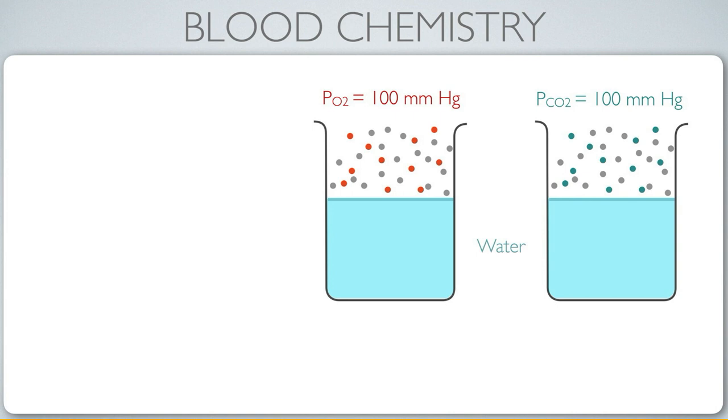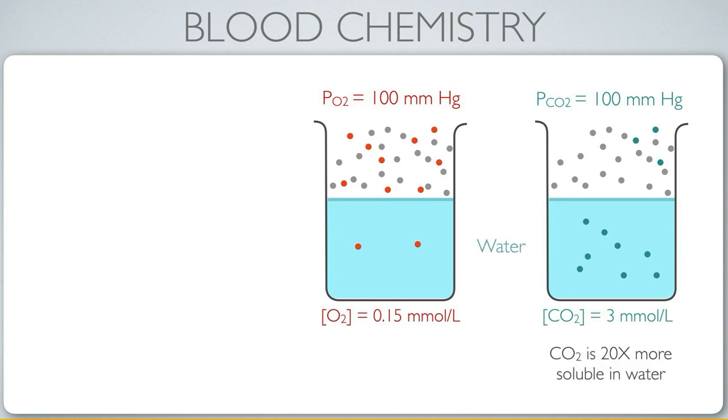So if we have both 100 millimeters of mercury for CO2 and O2, and we measure the concentration of these gases in solution, then what we find is that the concentration for O2 is something on the order of 0.15 millimolar per liter. That number by itself doesn't really mean very much, but if we compare it to CO2, we can see that many more CO2 molecules dissolve into solution. In fact, that difference is 20-fold.